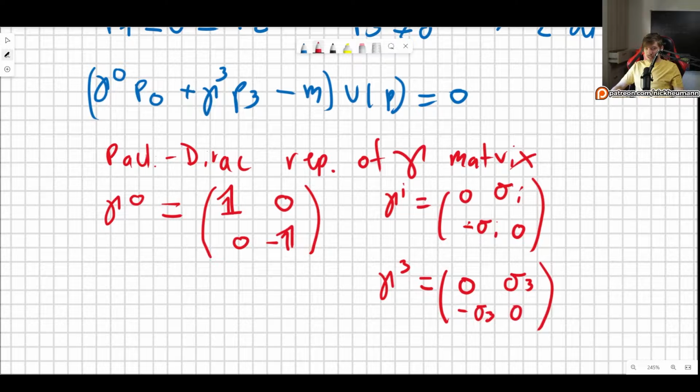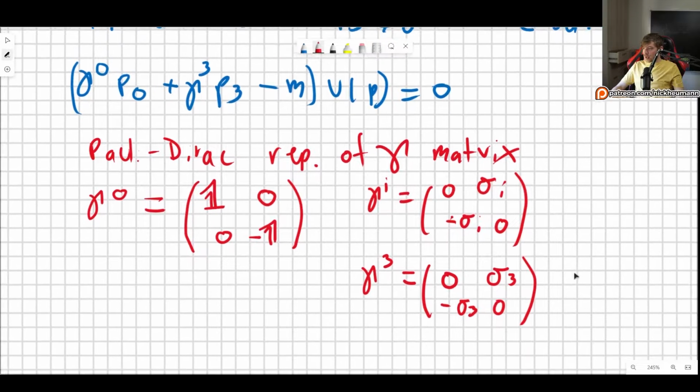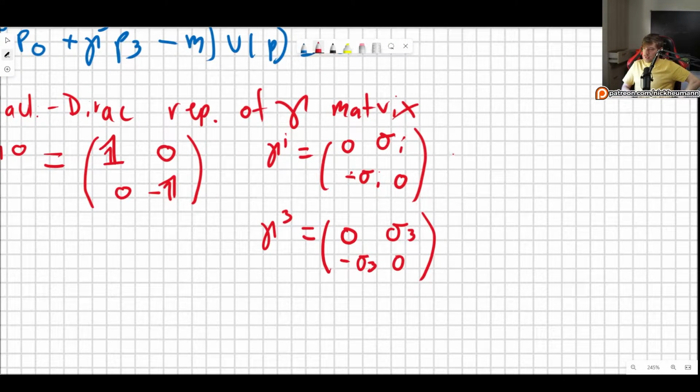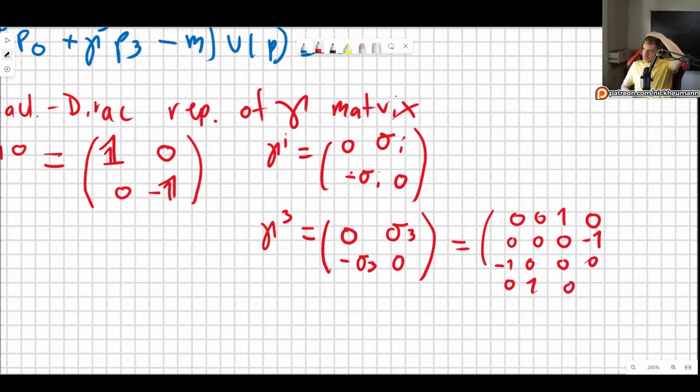But what exactly is σ^3? Well, the third Pauli matrix is simply 1, 0, 0, minus 1. So here we have 0, 0, 0, 0, and then we have minus 1, 0, 0, 1, and a bunch of zeros. Okay, so this is what we have.